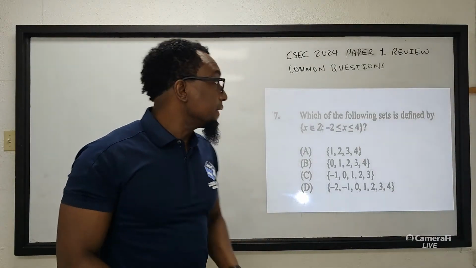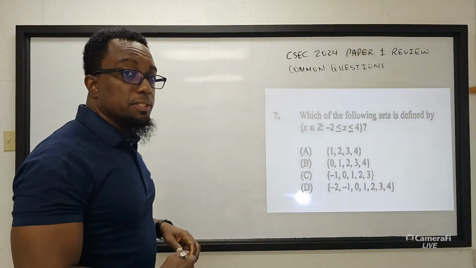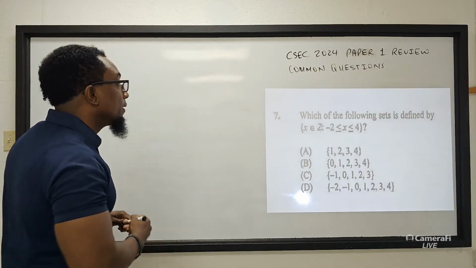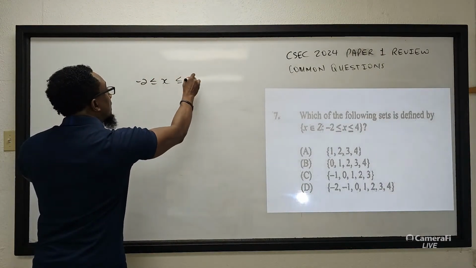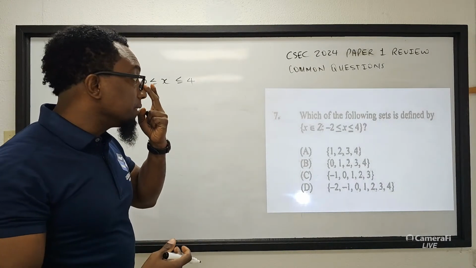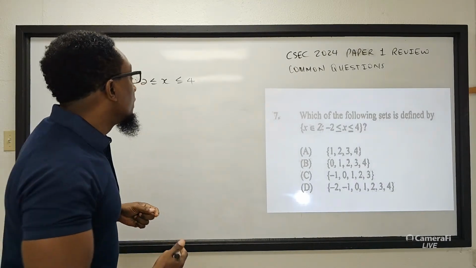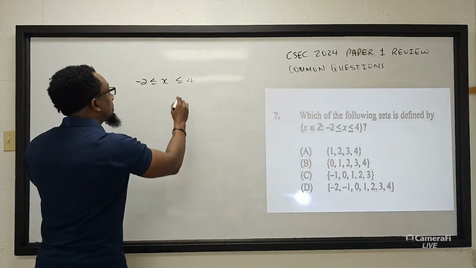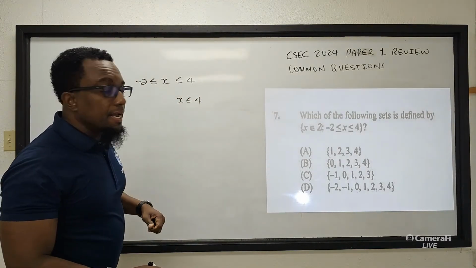Which of the following set is defined by negative 2 is less than or equal to x, which is less than or equal to 4. So we have negative 2 less than or equal to x, which is less than or equal to 4. So what we have here is a combined inequality, and we can break it up, we can separate it. This is the same as x is less than or equal to 4, so I'll leave that as is.